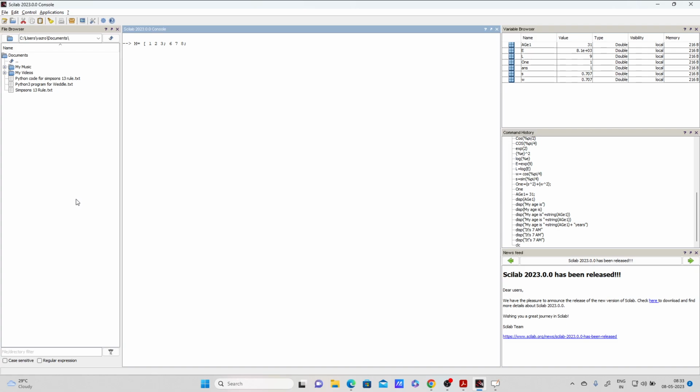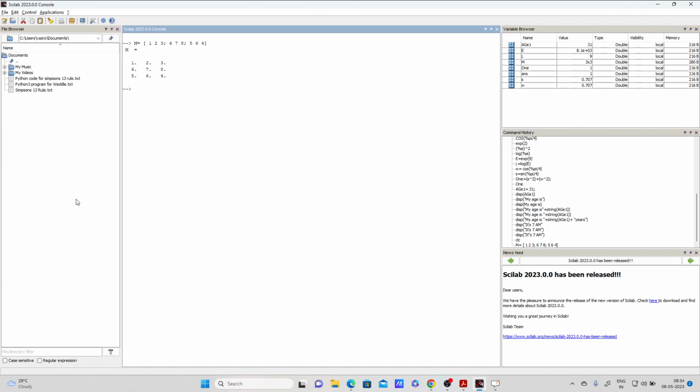Then 5 6 4, end of the matrix. Press enter, you'll get the output here. So this is one way of entering the matrix.